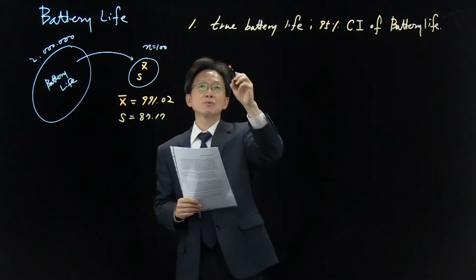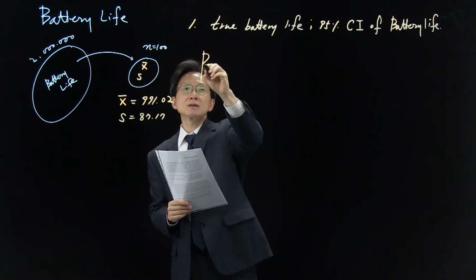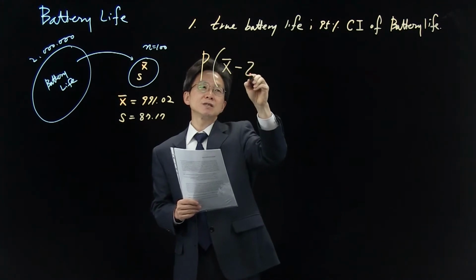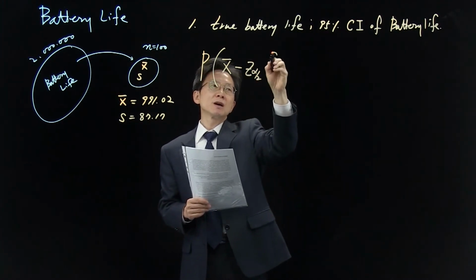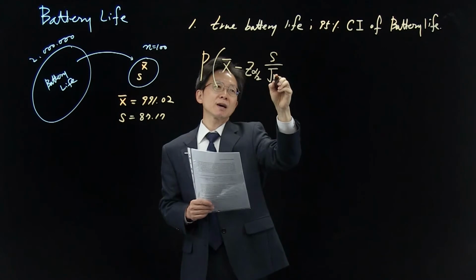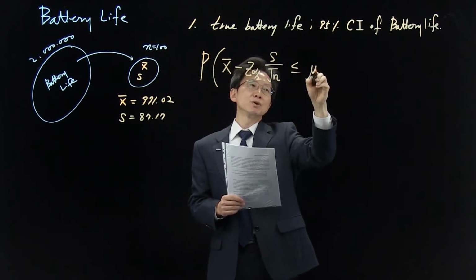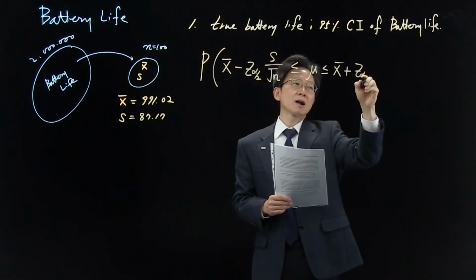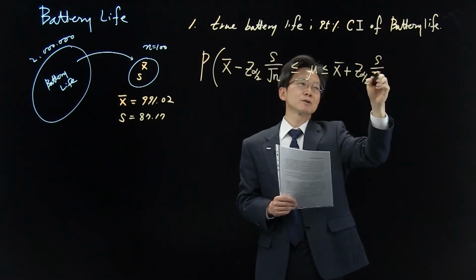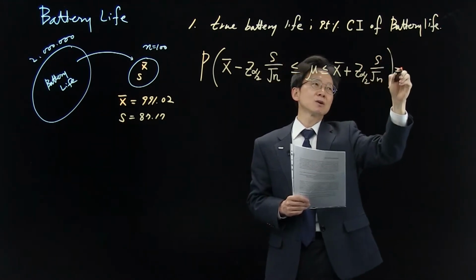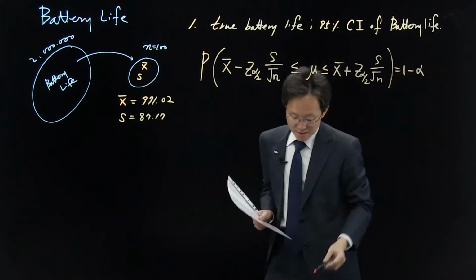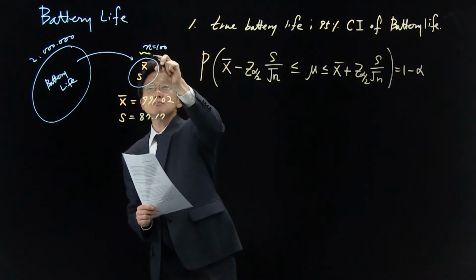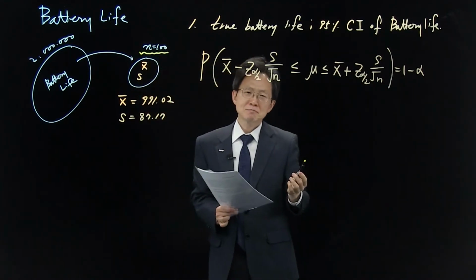You remember we had an equation something like this: P(x bar minus z alpha over 2 times s over root n is less than or equal to mu, which is less than or equal to x bar plus z alpha over 2 times s over root n) equals 1 minus alpha. In this case, we are fortunate that the sample size is big enough.